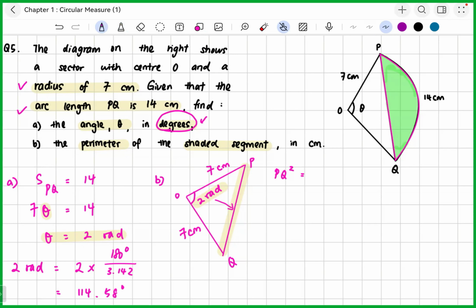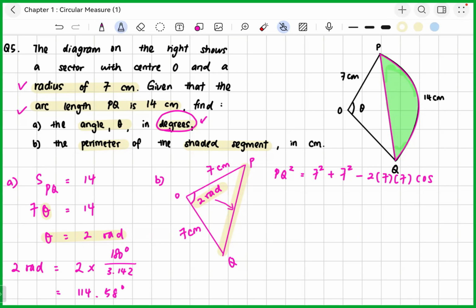The angle just now is 2 rad, so the two adjacent lengths are actually OP and OQ. So you just write 7 square plus 7 square, adjacent length square plus adjacent length square, minus 2 times the product of the two adjacent lengths. So 7 multiply 7, multiply the cos angle. Angle is 2.